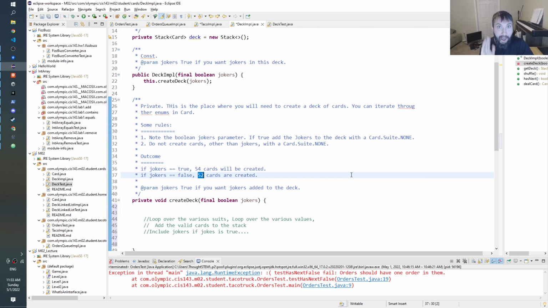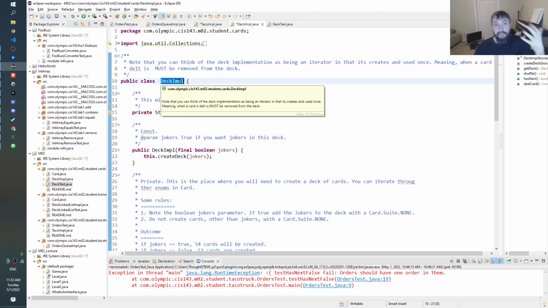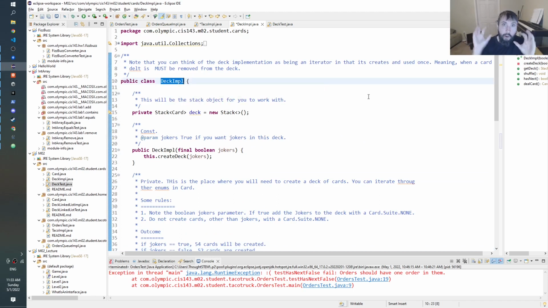A deck of cards has very specific things, like a Queen of Hearts you can assume will be in a valid deck of cards, whereas a Queen of Trees you would not expect to be there. So once again, just like the taco truck, this class exists to model something about the real world, meaning it's a data structure that structures data in such a way that it maps onto real physical things in the real world, like a deck of cards in this case.